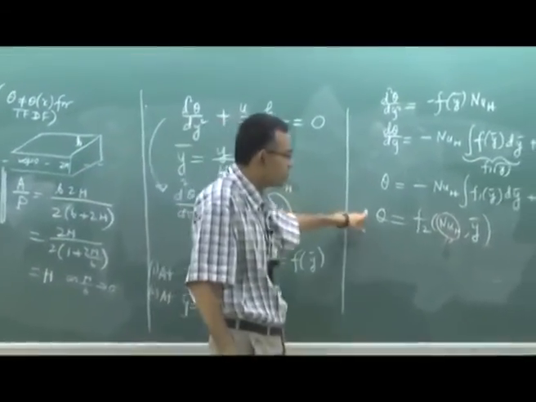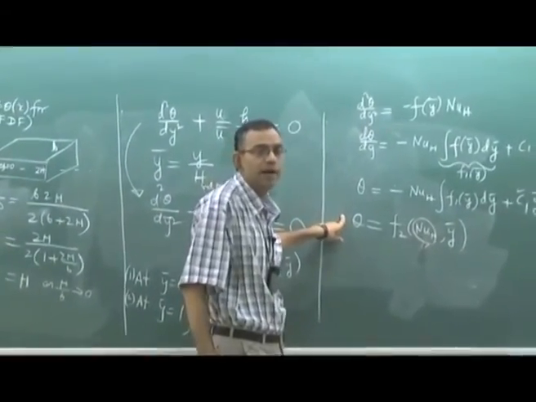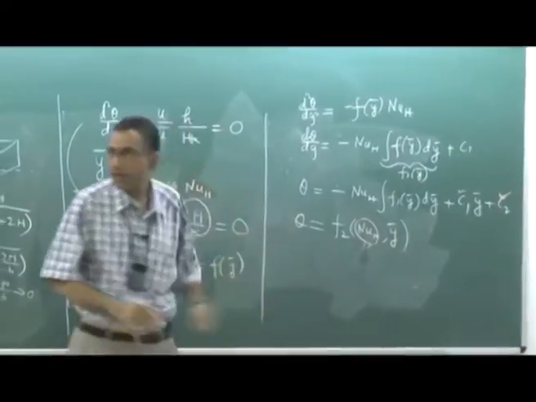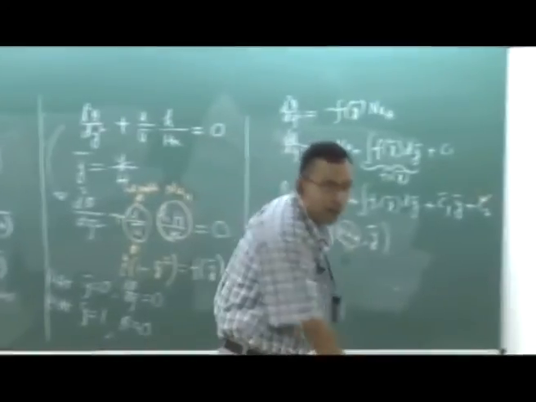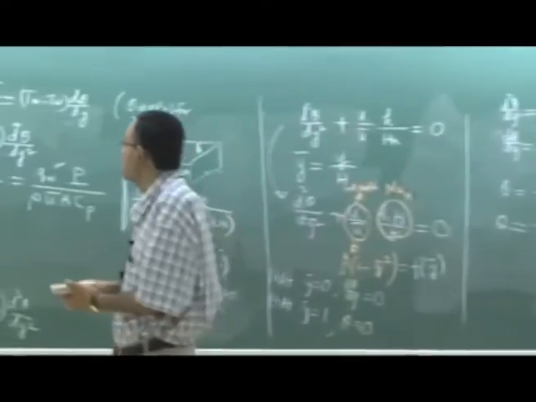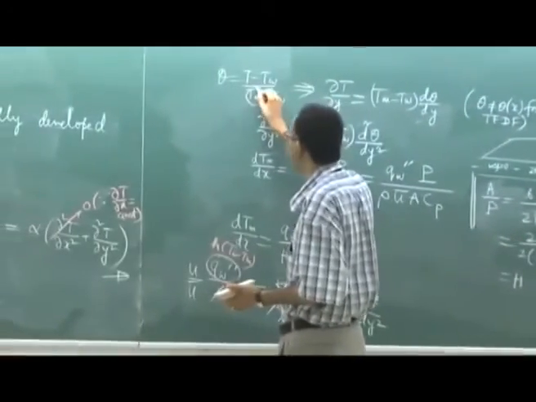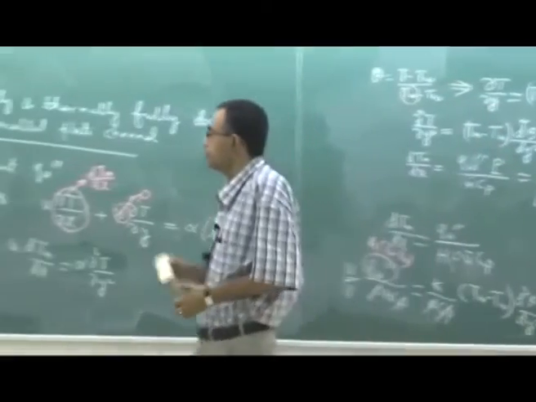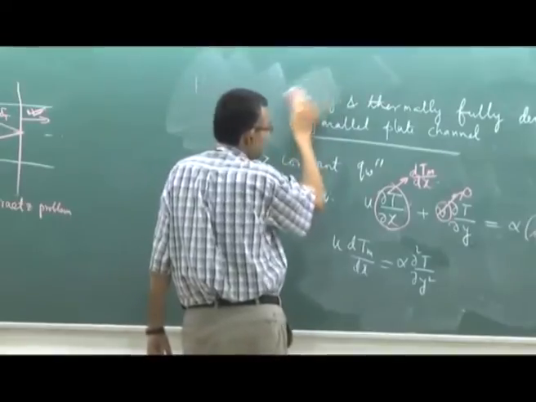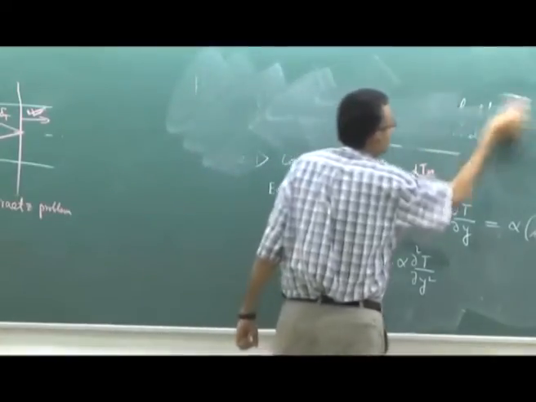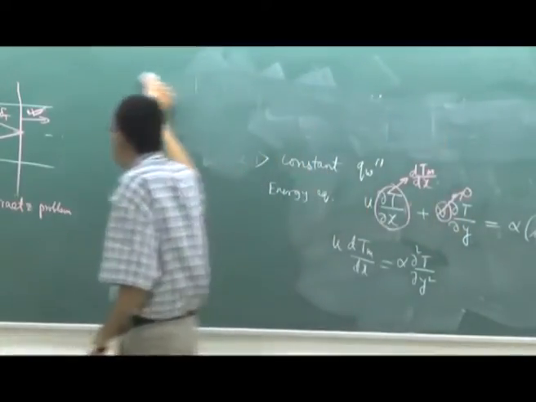So we need to close this problem by putting some additional constraint. What is that additional constraint? That additional constraint is the definition of bulk mean temperature, which we have not yet used. Maybe we will do it here.